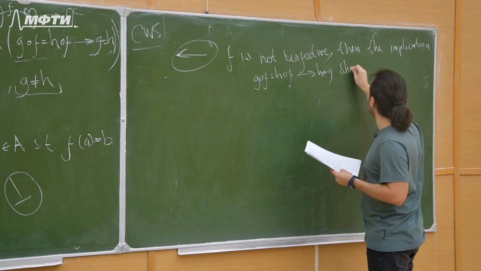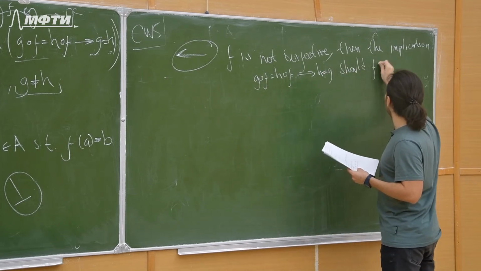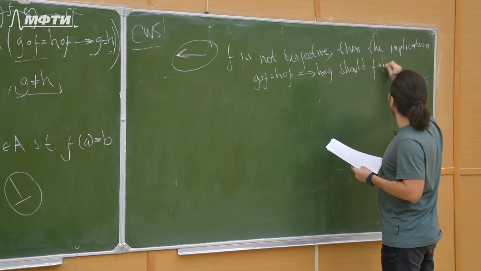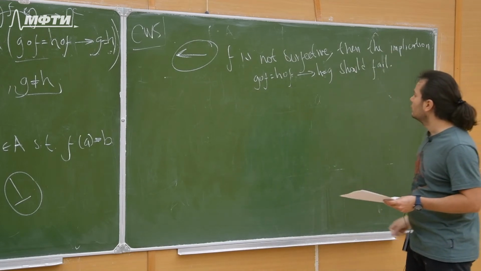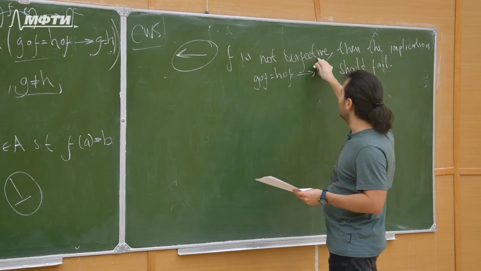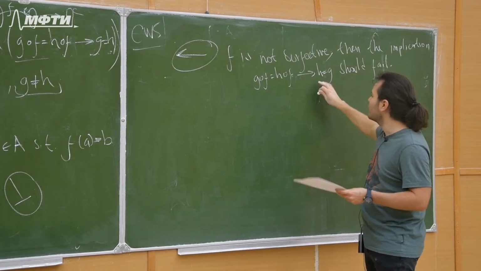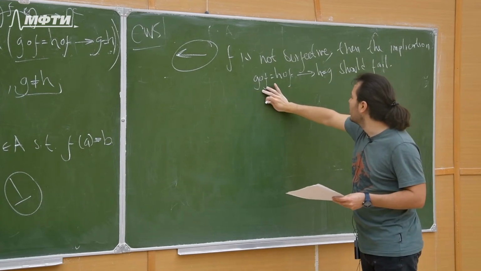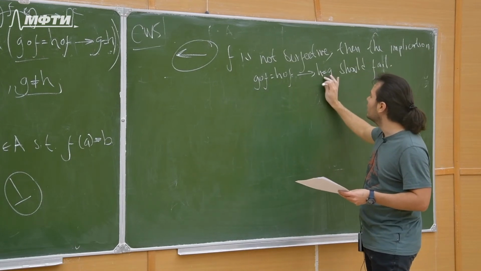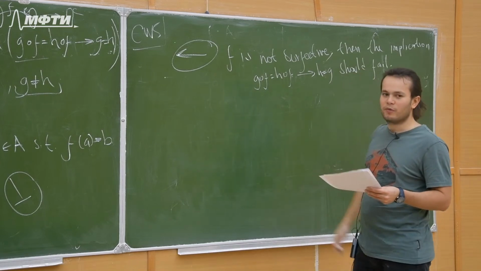Should fail. So if F is not surjective, then this implication should fail here. If we can show that, so if we can find some G and H such that they are not equal, then everything will be proven. Okay.